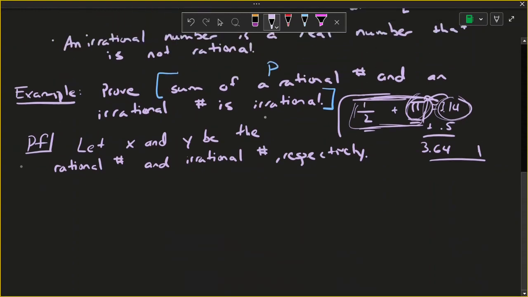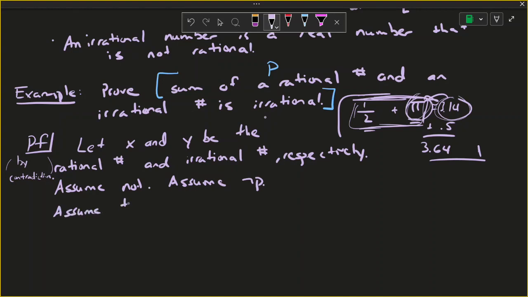And I'm going to do proof by contradiction, so I should always label that in my proof. So I'm going to say assume not P, which really means assume that x plus y, the rational and irrational number, is a rational number.